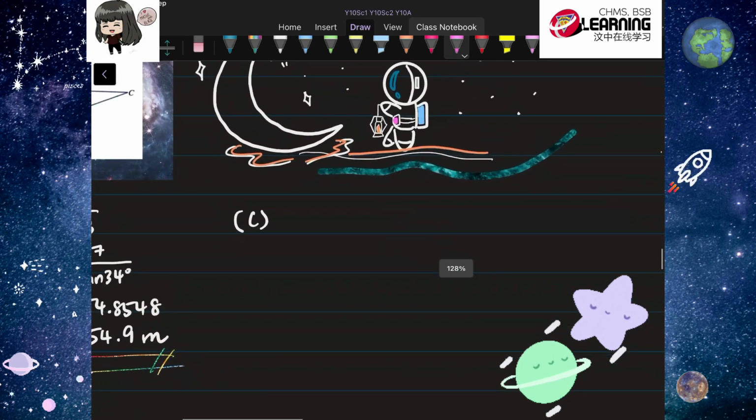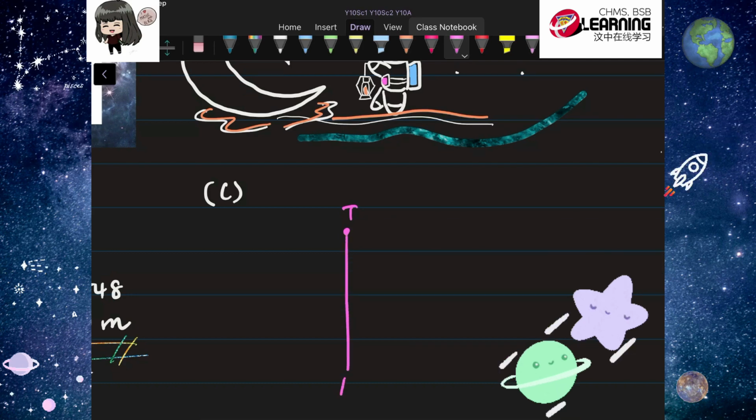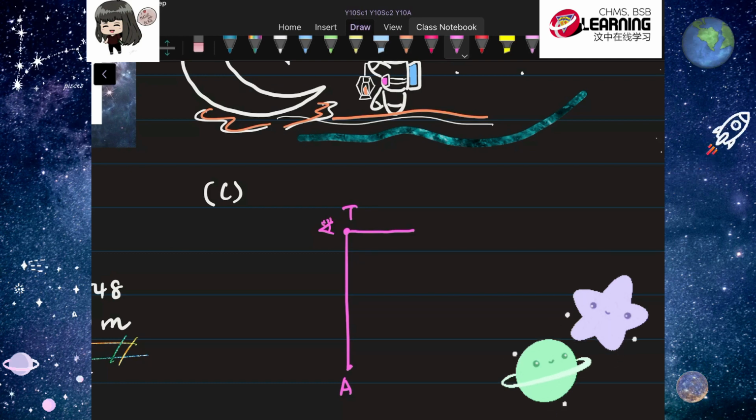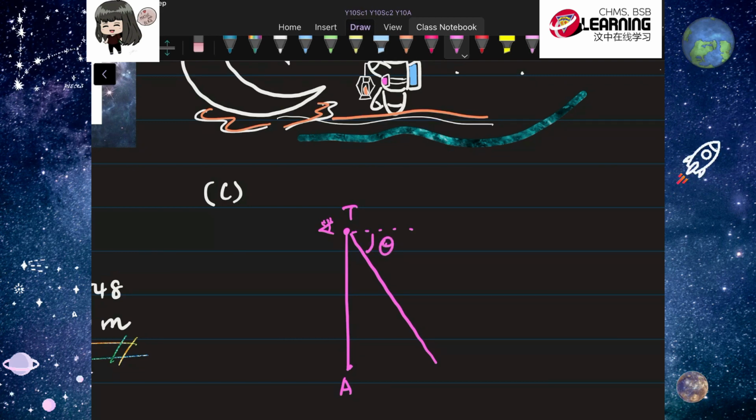Let me explain this to you. Let's say this is T, and this is your tiang A. If you are looking downwards, this is your eye view. My eyes are looking here, and it will form an angle of depression if I look down like this. This is my angle of depression. But if you're looking further away, I think I explained this in previous lessons, but if you don't remember, it's okay.